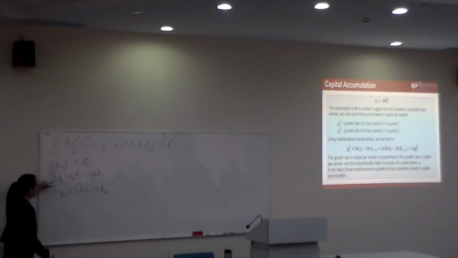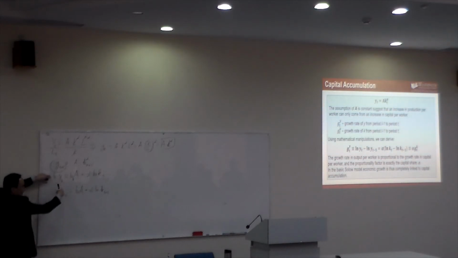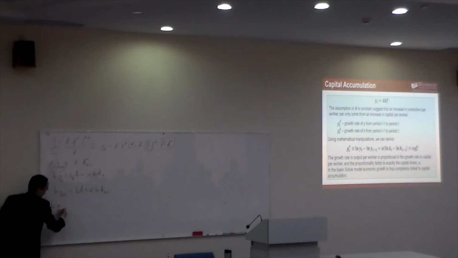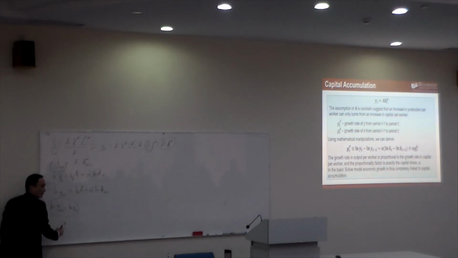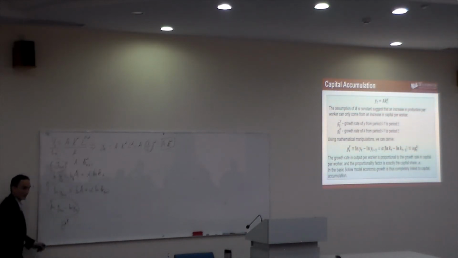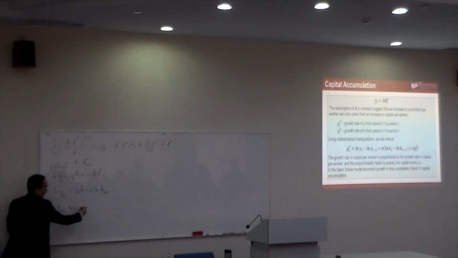Okay. So now if we subtract these equations from one another, it is going to give us ln yt plus 1 minus ln yt, which by itself gives us growth in output, yes? Growth in output.